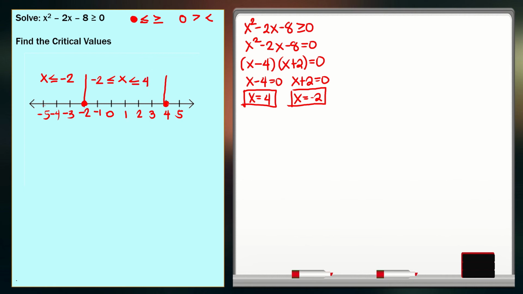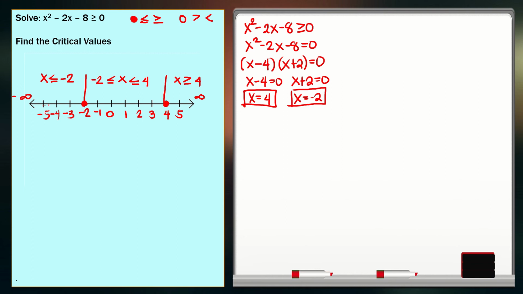And lastly, to the right of positive 4, we have 5, 6, to the positive infinity. This one goes to the negative infinity. Since 5 is greater than 4, we conclude that x is greater than or equal to positive 4.